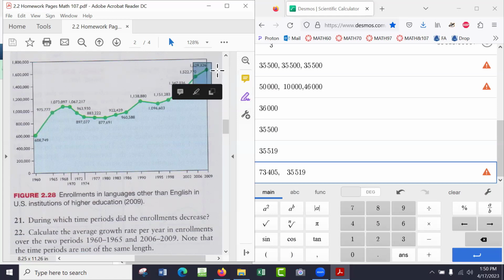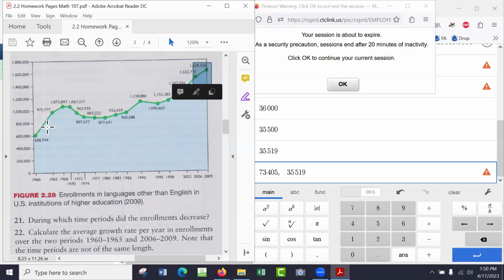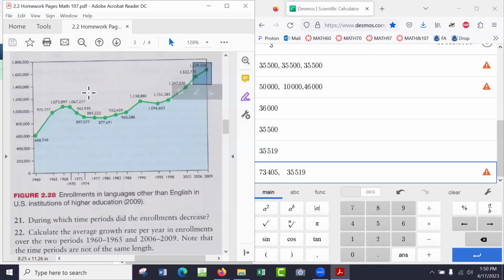Is that line steeper than this line? Which hill would you prefer to run up? This one or this one, right? Can you see that this line segment is steeper than this line segment? Which makes sense because the average growth rate here is more than the average growth rate here.